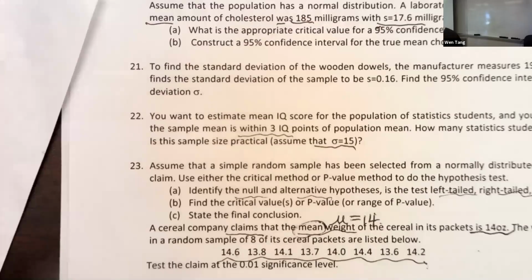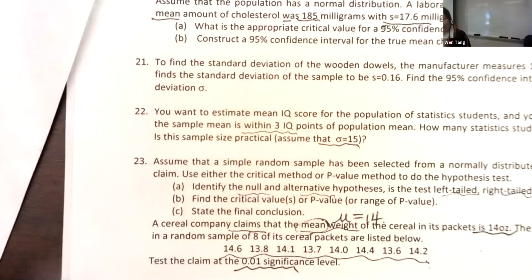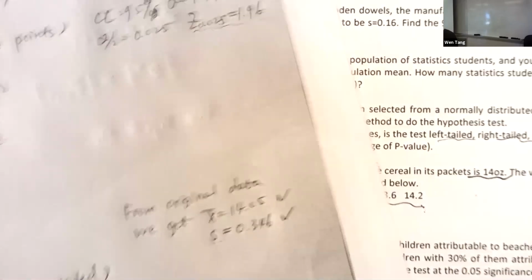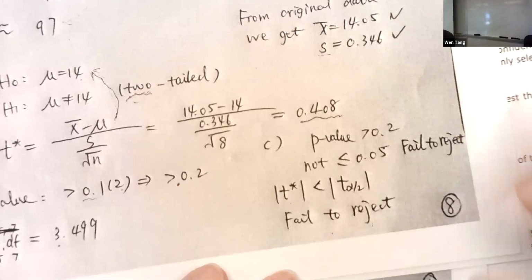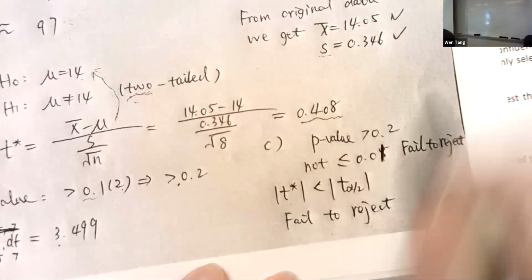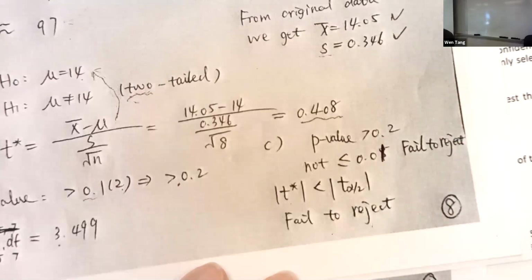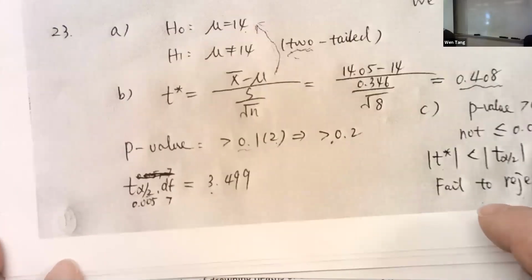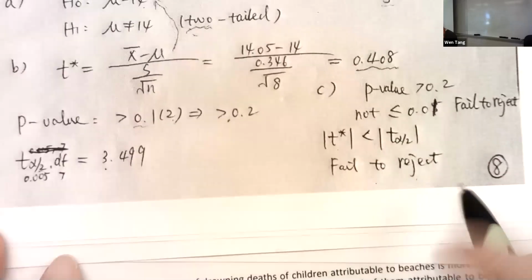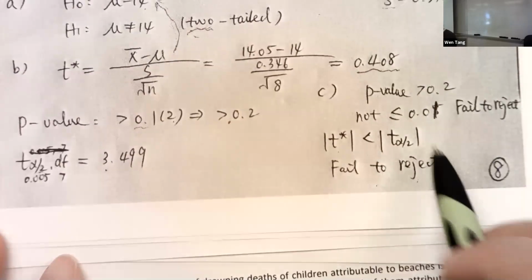Oh, sorry, I find this one has the significance level at the last. So the conclusion should be not less than 0.01. The alpha is 0.01, so here the p-value is greater than 0.2, so it's not less than 0.01.